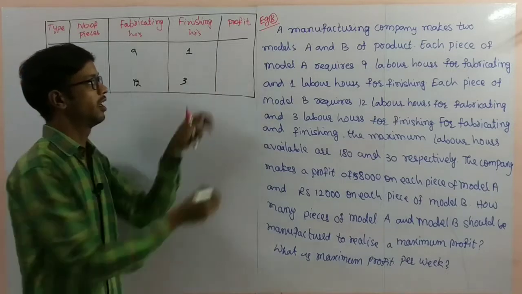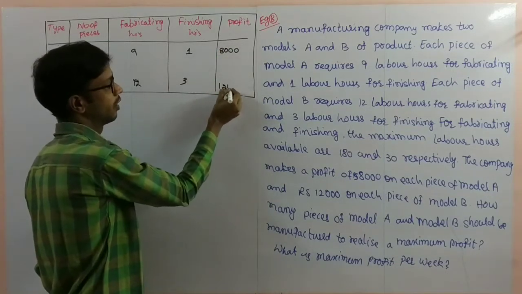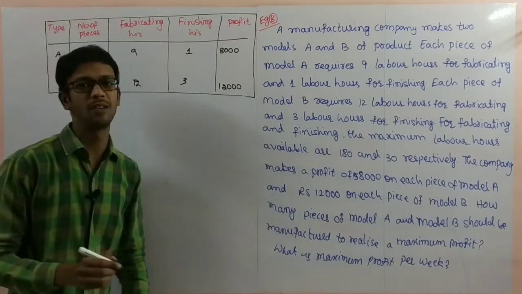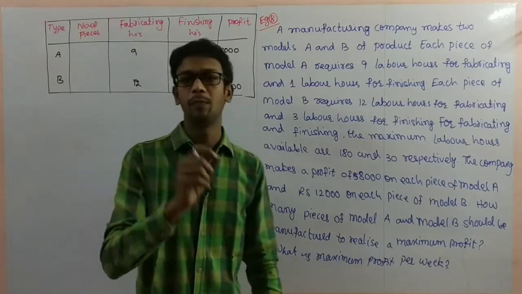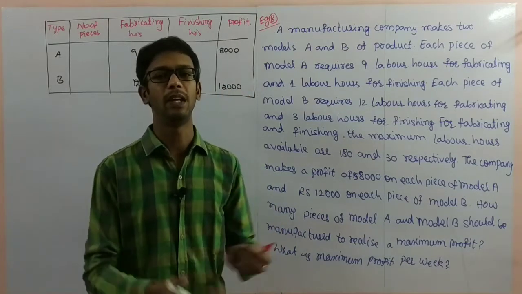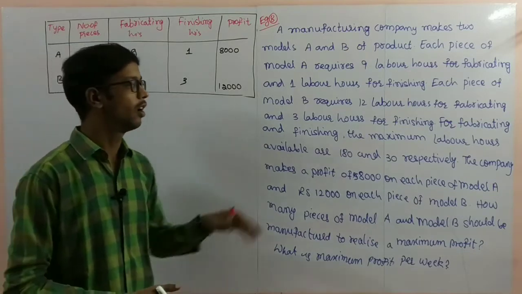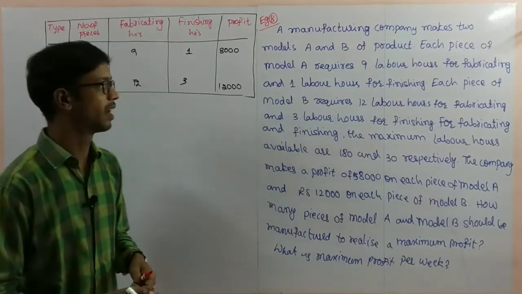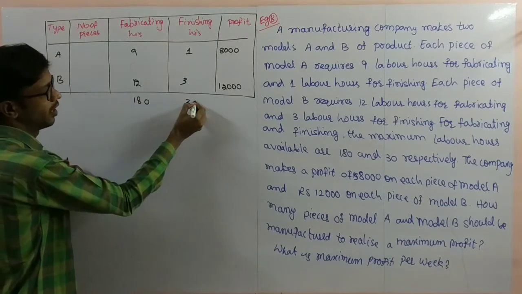Next, product A gives 8,000 rupees profit, and product B gives 12,000 profit for each piece. This is what they gave for one piece. How many pieces can they make in 1 week with the total labor hours? Fabricating is at most 180, finishing is 30.